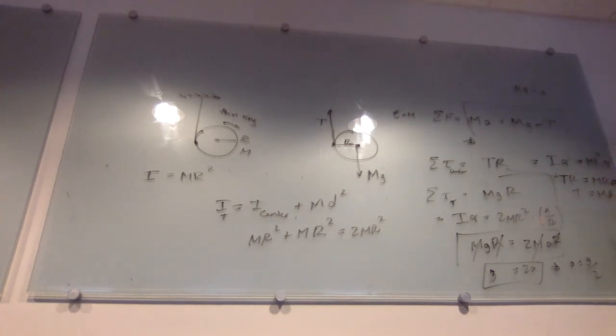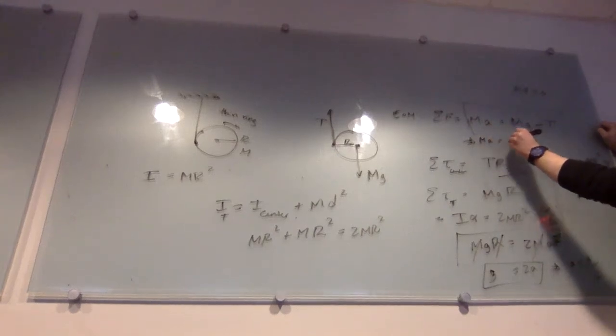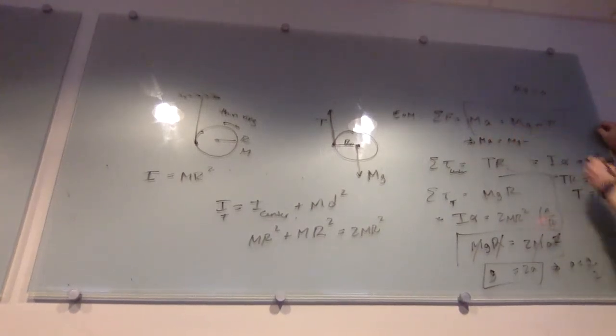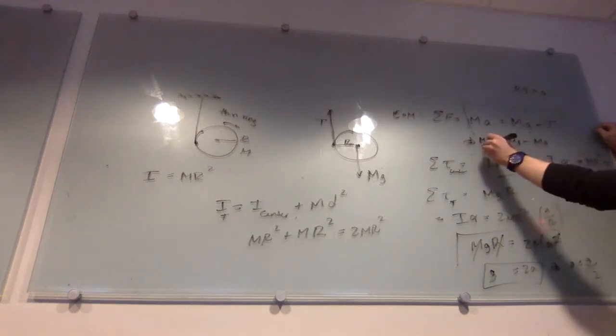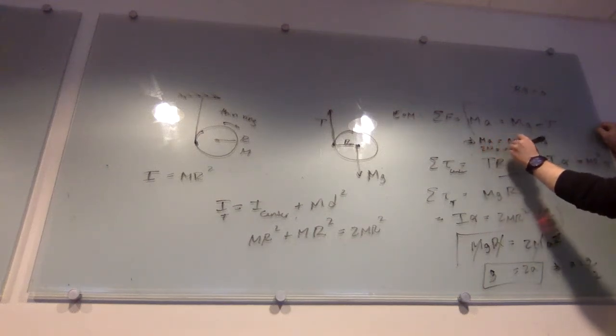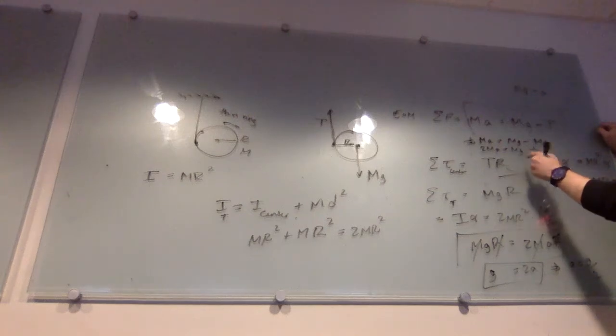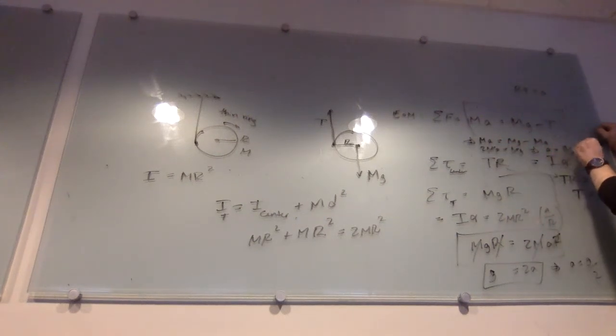So if we only did these 2, we should still get the right answer. Let's do it. If we plug in T equals ma here, we have ma equals mg minus T, so 2ma equals mg, and this gives us a is g over 2.